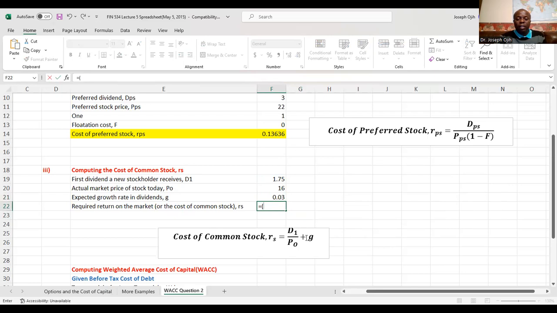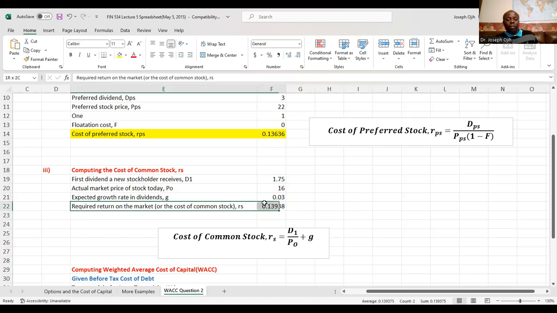Then after that, I'm going to add G. So $1.75 divided by $16, close the parentheses. Then plus the growth rate of 3%. Then after that, you press the enter key. Again, the answer is in decimal. We'll come and fix it after we finish.